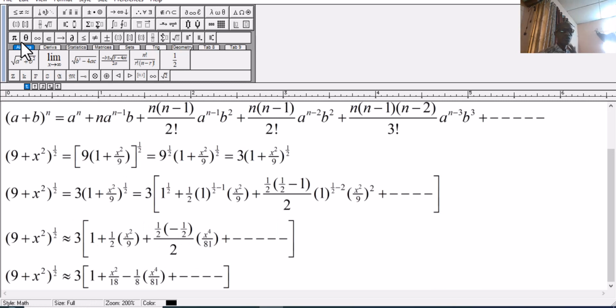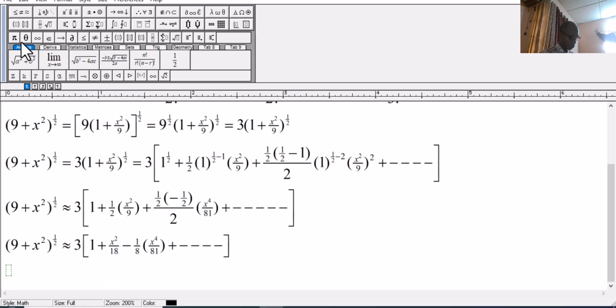So we have that. So now let's expand more. So you have 3 plus, this will now be x squared over 6, plus 3 will go in that one, 27. 27 times 8.